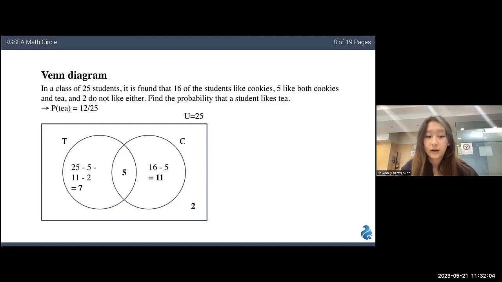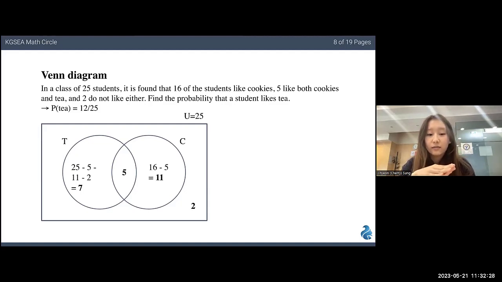Now you have to find the part where students only like tea or only like cookies. To find the number of students who like cookies only, you would have to subtract 5 from 16, because in the total of 16 that like cookies, there are those who like both. So you would have to subtract that. That would be 11.